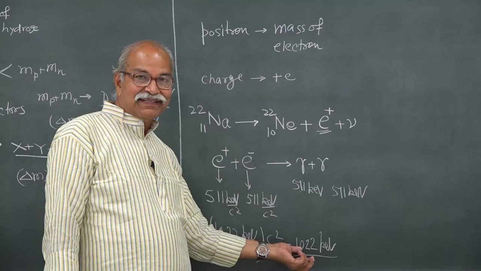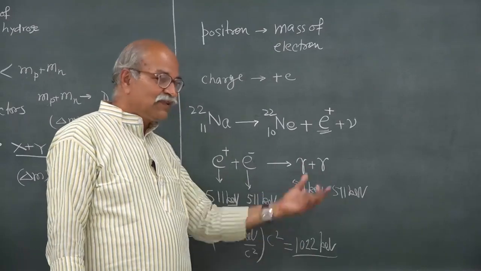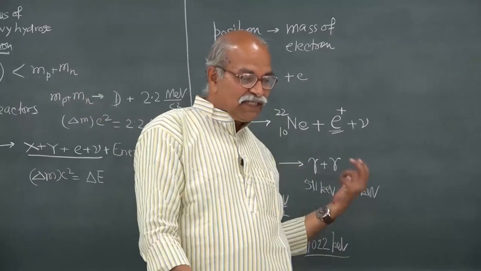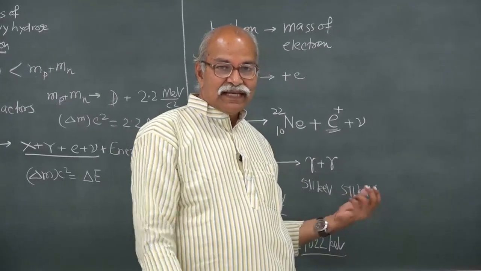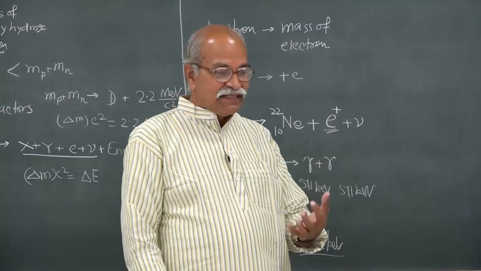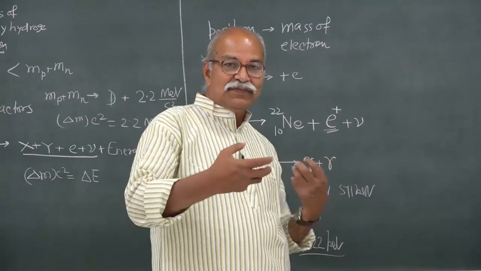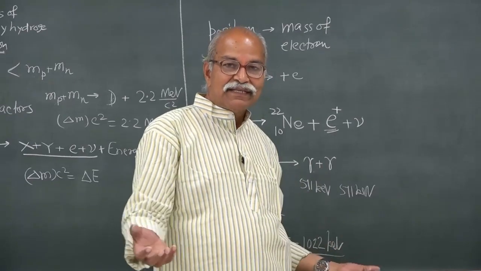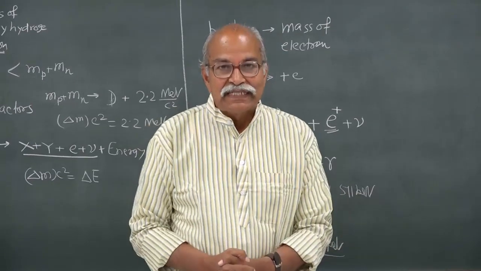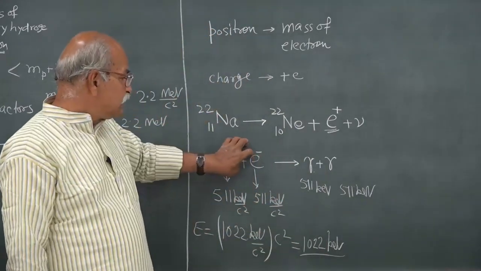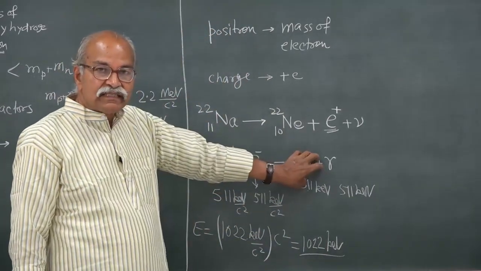Instead, there are 2 photons going in opposite directions, 511 keV energy in each. The momenta are equal in magnitude, opposite in direction, and the total becomes 0. So, this is direct conversion of material into energy.